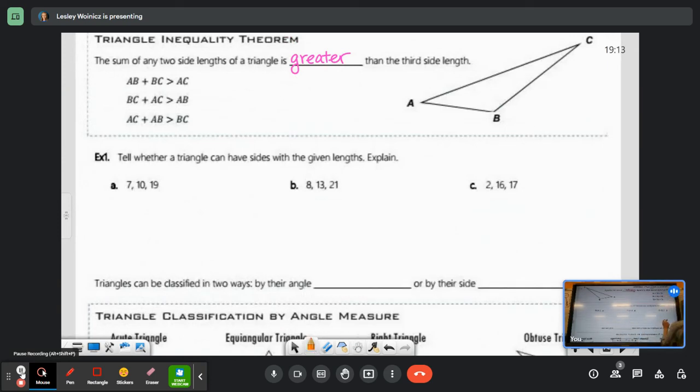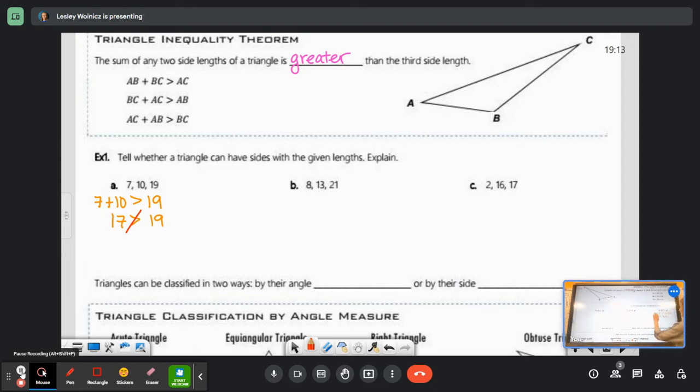So we're just going to do 3 tests. We're going to see if 7 plus 10 is greater than 19. And I'm getting 17, and it's not greater than 19. So by the triangle inequality theorem, I could not make a triangle out of these sides.